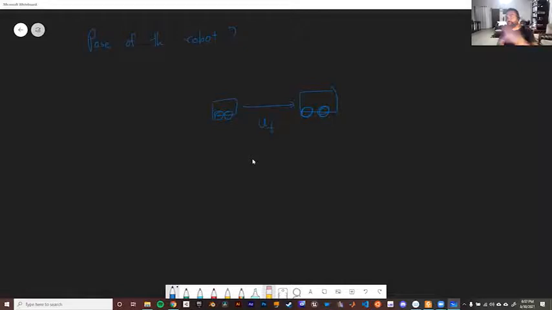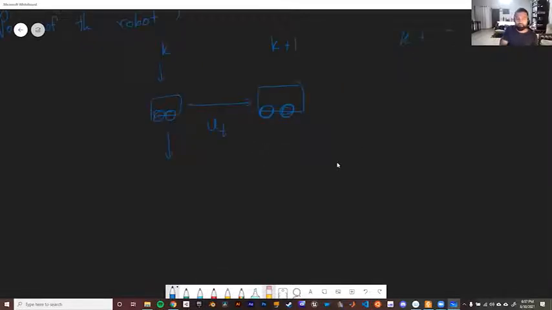Okay, so imagine these are two time instances, right? So this is at time k and time k plus 1. Okay, and as we go here, there'll be k plus 2 and k plus 3 and so on, right? So we are looking at this in these discrete time steps. Okay, and at k, what we consider the pose of the robot, we'll call that x_k.